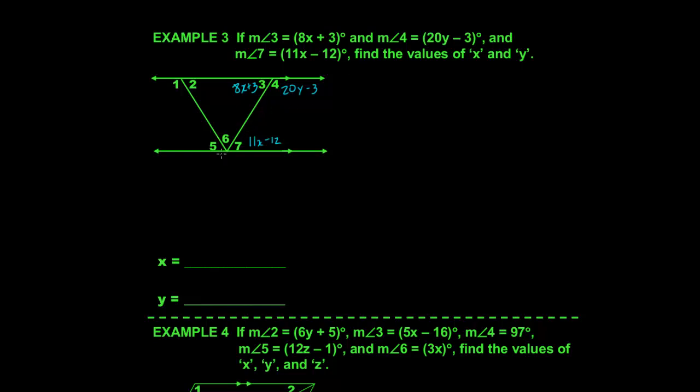Now, when we look at this, there's a lot of information that is not needed. We can imagine these lines can continue on for the sake of finding a transversal, but a lot of this is unnecessary. We don't need this line. We don't need to know anything about it. We don't need this line nor these angles in this question.